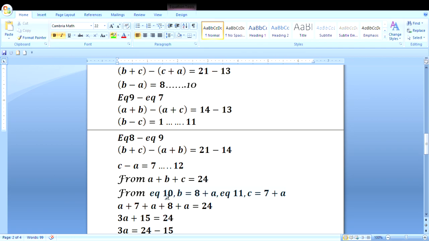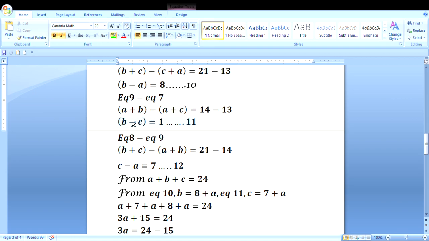Now from equation 10, we could say that b equals 8 plus a, and from equation 11, we could also say that c equals 7 plus a. Look at equation 11: if we move c to the right hand side, and move the 1 to the left hand side, it becomes minus 1.